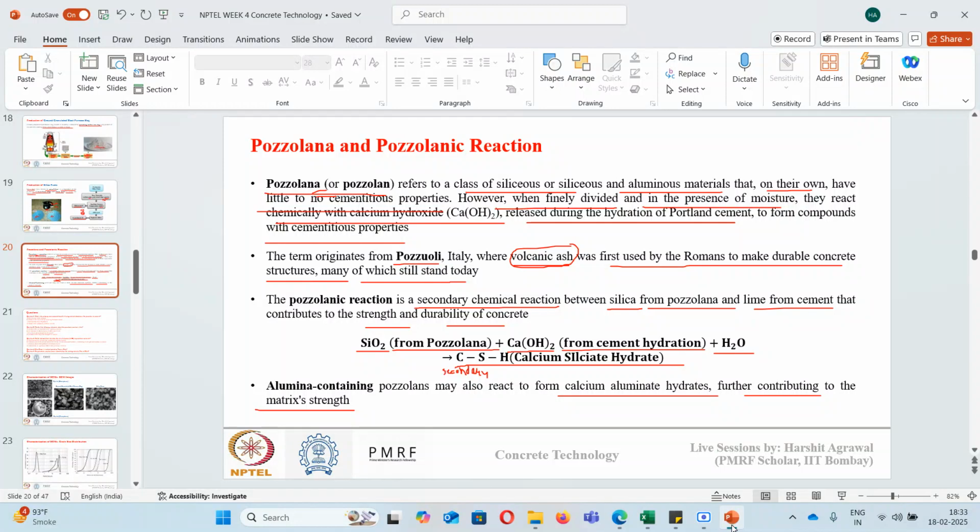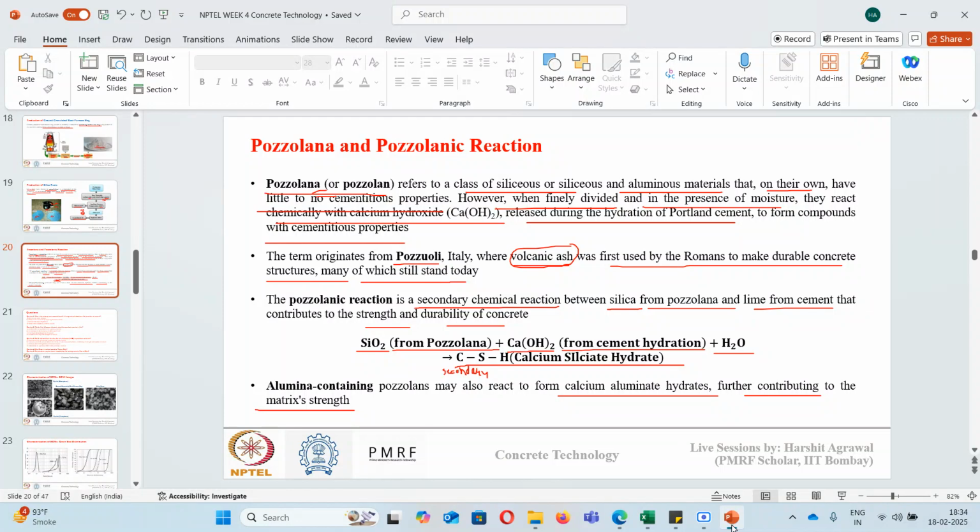So only CSH gel is like a single product now. There are no three different types of CSH. So my question is whether it is chemically active or inactive. Now, what do you mean by active and inactive? What is a chemically active CSH and what is a chemically not active CSH? There is no such classification in CSH. Okay, it is the final product which is formed from the hydration of amorphous silica and alumina.